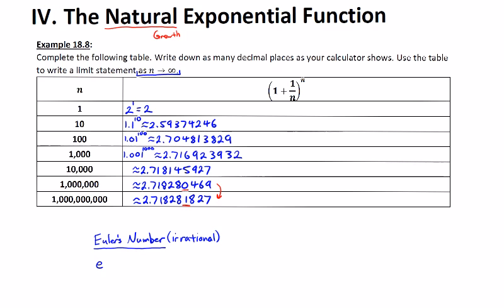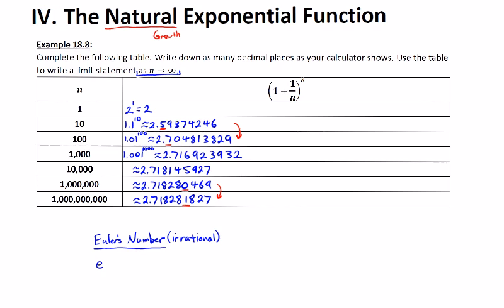Whereas if you look from the 10 to 100 calculation, just look at the first decimal place and you can see a change there. So as the value of n gets larger and larger, we're going to be getting a better and better picture of the pattern for this number. And this pattern, again, is called Euler's number.